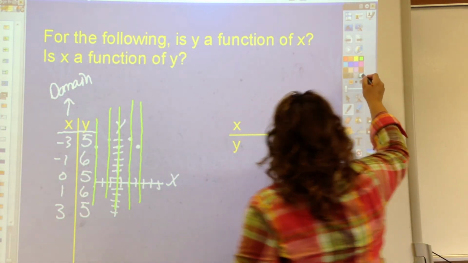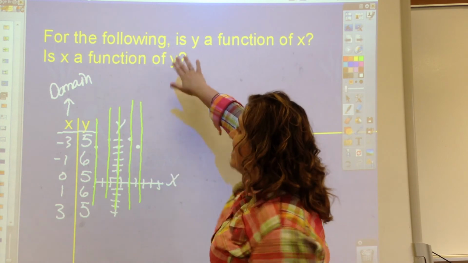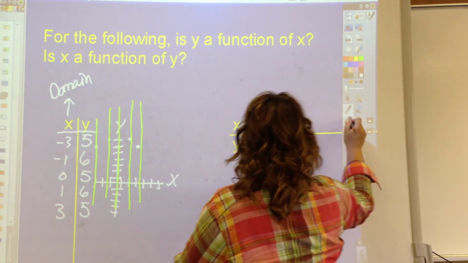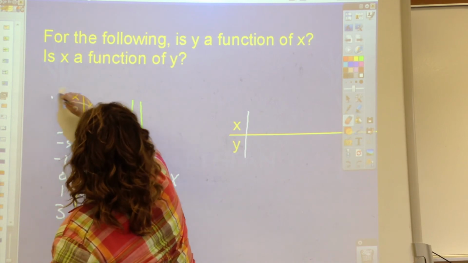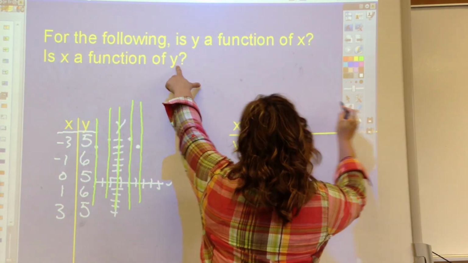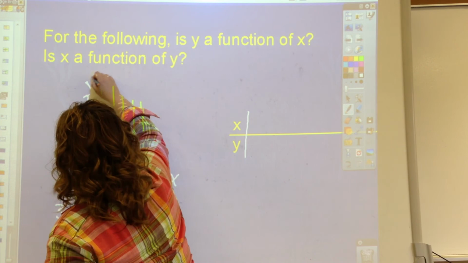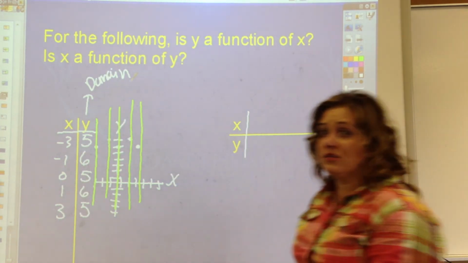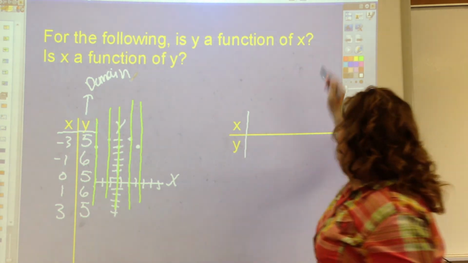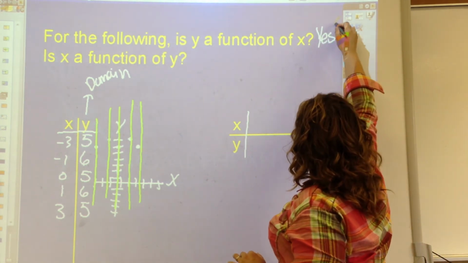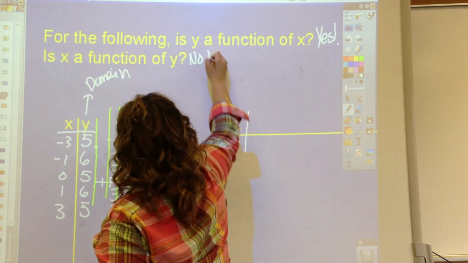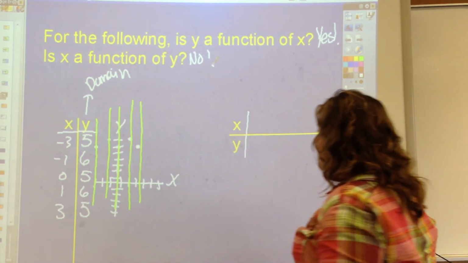Let's look at one more example. Oh, I'm sorry. Is x a function of y? If we go back in the opposite direction and we make y the domain, in this case, does y repeat? It absolutely repeats. So is it a function? No. So for this first example, yes, y is a function of x. No, x is not a function of y.